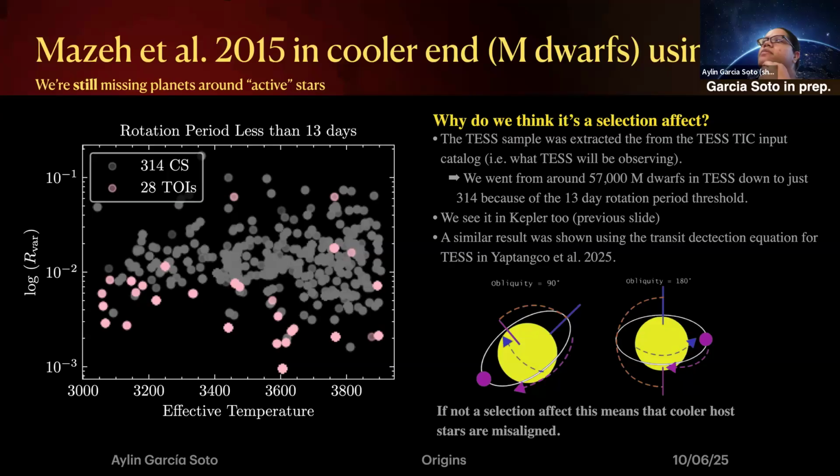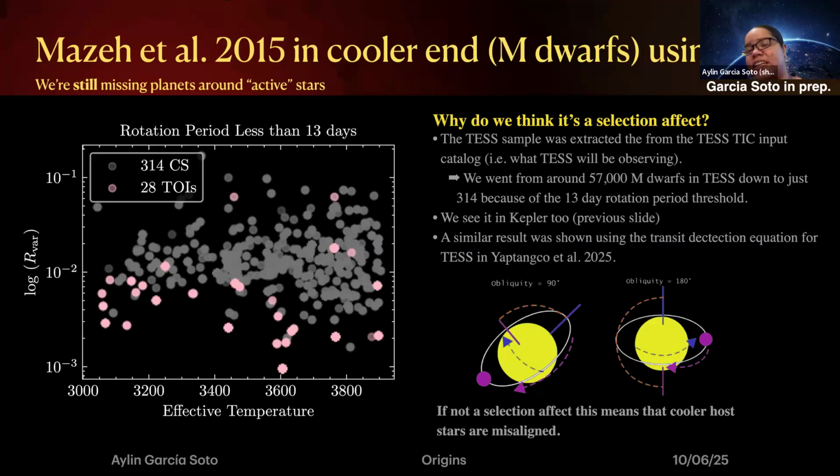Yes, the answer is yes to what you said. The bigger issue is because it's active, this means that it has large amplitudes. It means that there's a lot more flares. And so if you would have a small planet transiting it, it might get maxed out. Like you might not see it. That's sort of the idea. And so we don't think that there's fewer planets around active stars.